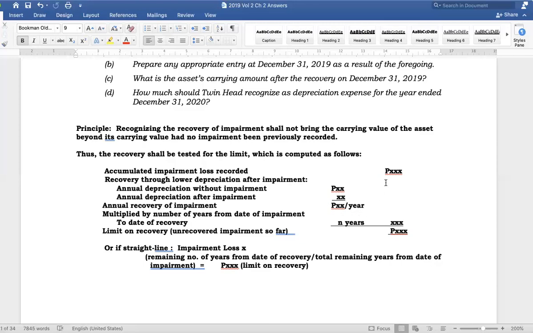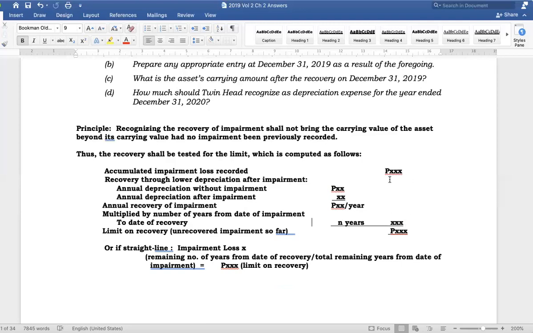Meaning, you are gradually recovering what you recorded here through lower depreciation. Then, this difference, which is the excess of depreciation without impairment over depreciation with impairment, is the annual recovery of impairment. So, this difference will be multiplied by the number of years from date of impairment to the date of recovery. Therefore, this one is the recovered impairment.